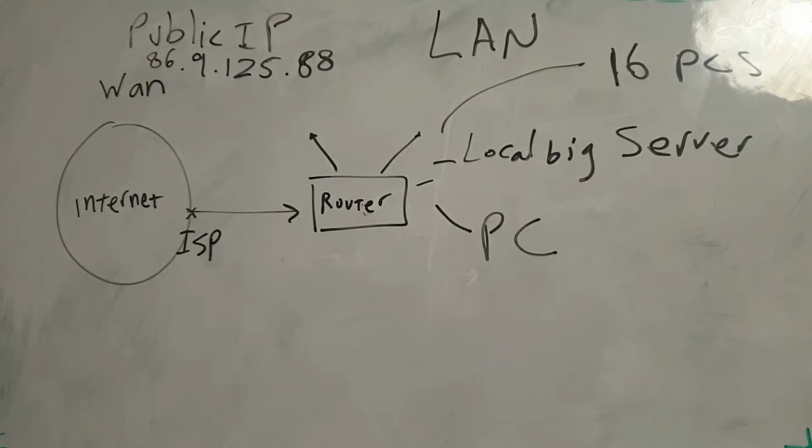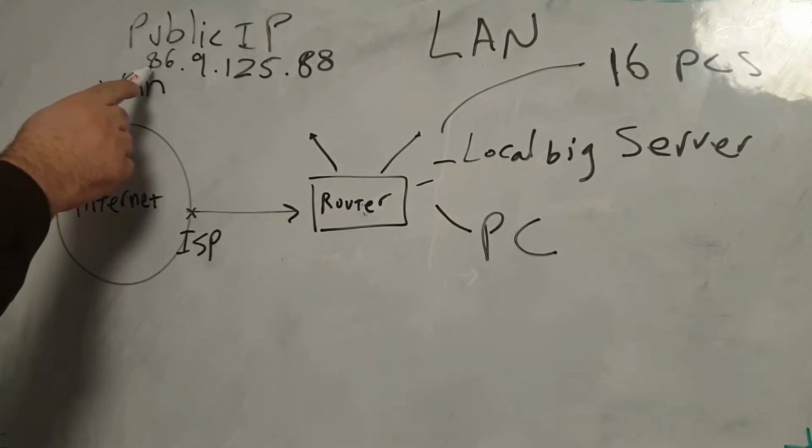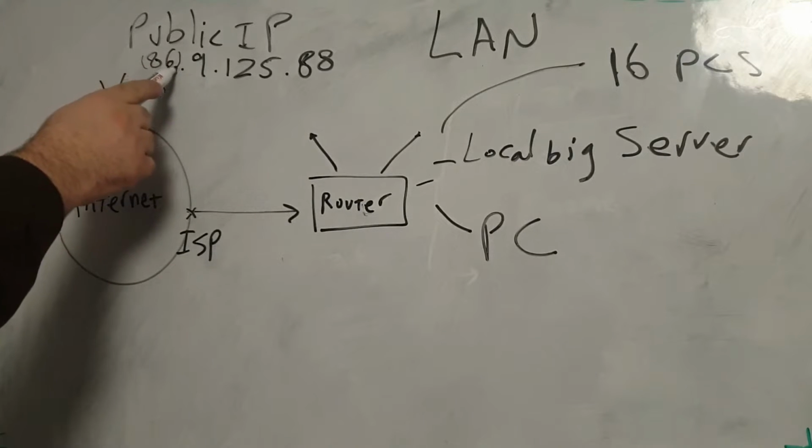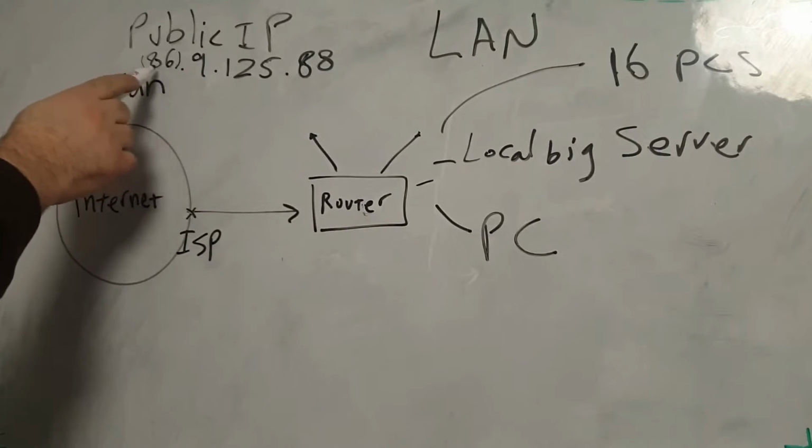Okay, I explained to you that IP addresses generally follow a format of 4 parts. Each part is up to 3 digits, not exceeding 255. So you can have any number in here up to 255.